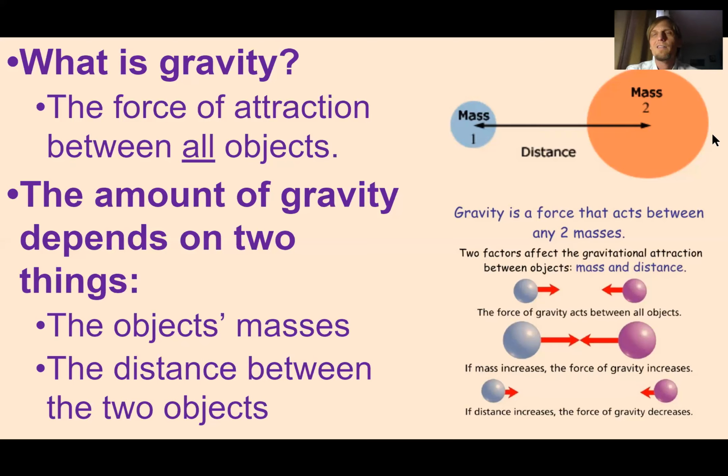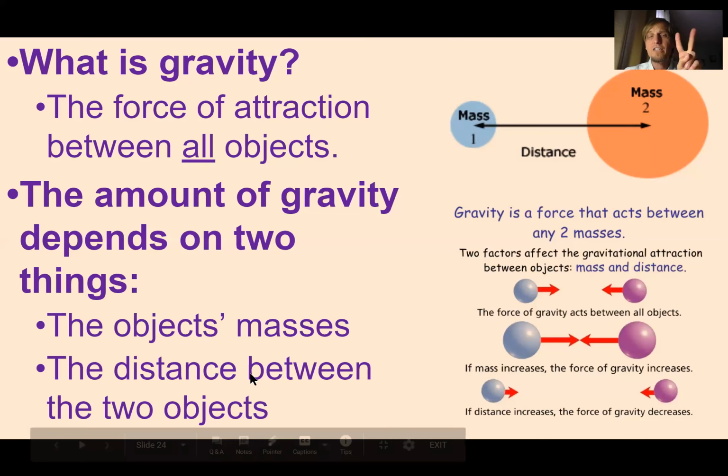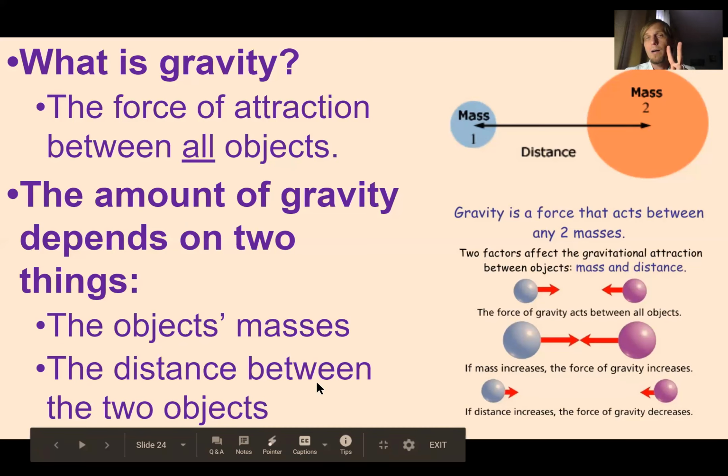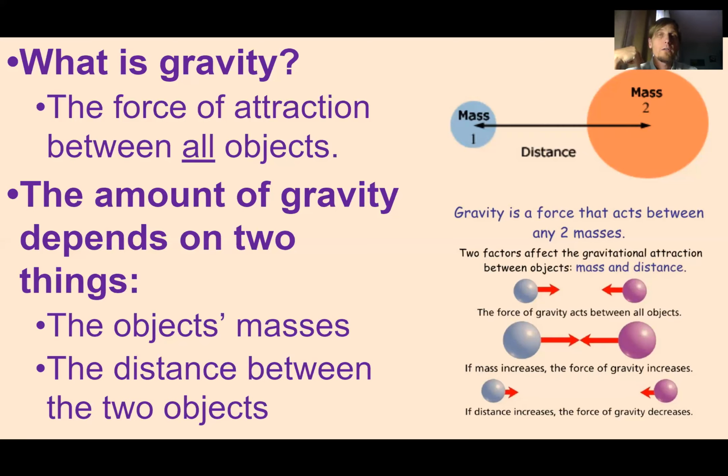So if you think of that as an analogy, the force of attraction between all objects. So the amount of gravity depends on two things, the object's mass and the distance between the two objects. We might say how well you know the person and how far away physically or close to them physically you are at the moment. Those two things would cause a reaction or not.